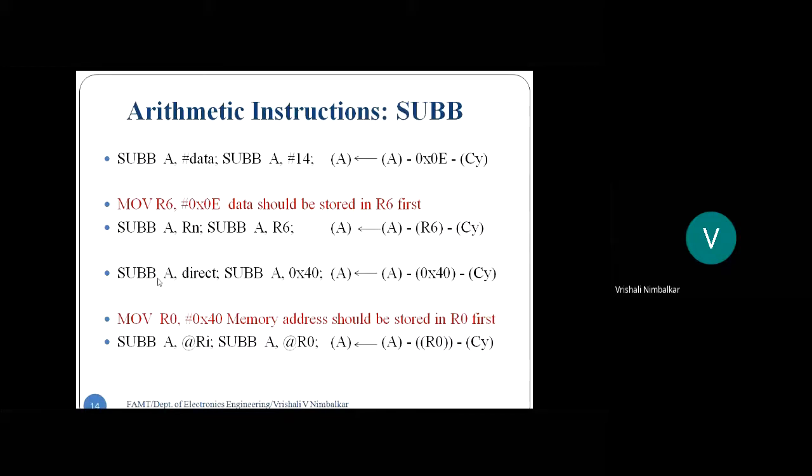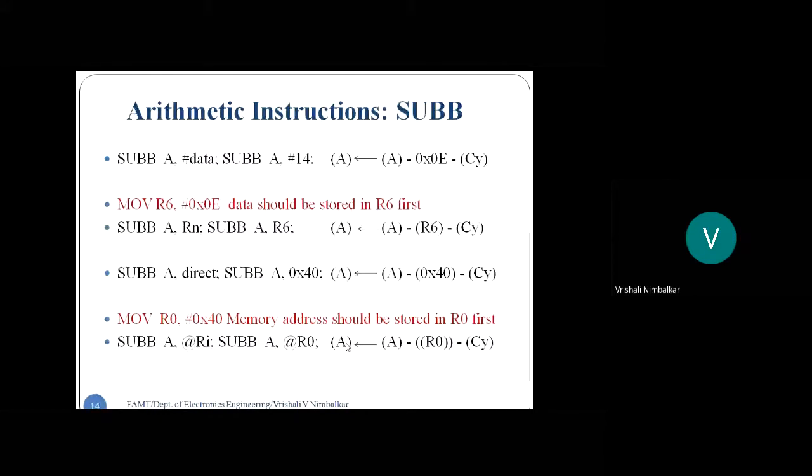The next, SUBB A comma 40 hex means the data from A minus the data from 40 hex memory location minus the carry bit and store back in A. Right? The last example, SUBB A comma @RI, SUBB A comma @R0 means the data from A is subtracted with the data pointed by R0 along with the carry bit, and the result is stored back in accumulator.